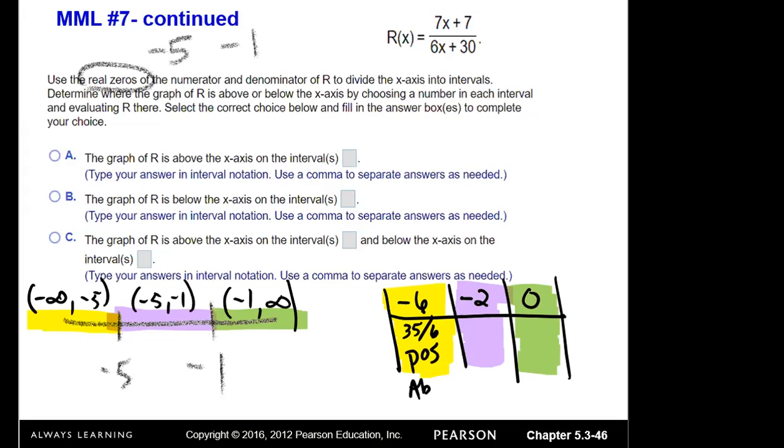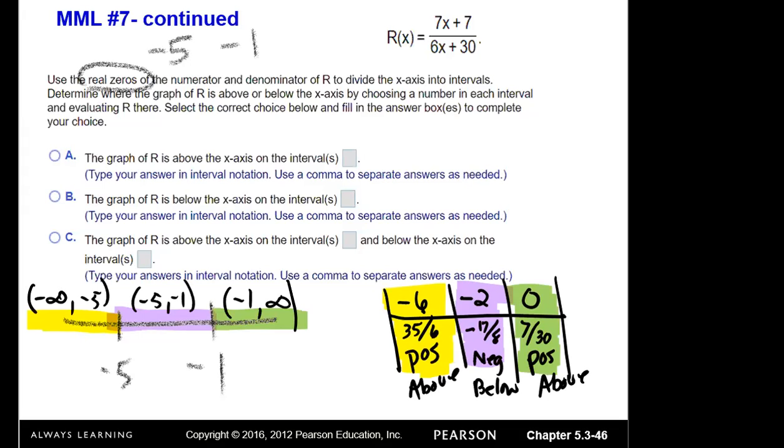So that's above. When I plugged in -2, I got -17/8, which is negative. So that's below the x-axis. And when I stuck in 0, I got 7/30, which was positive. So that's above.